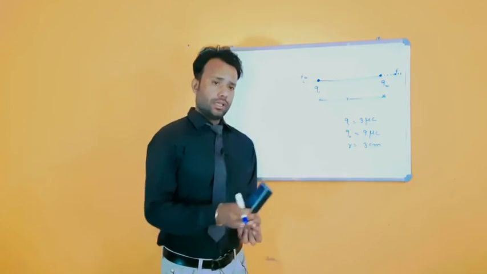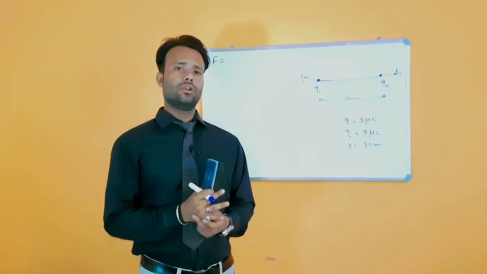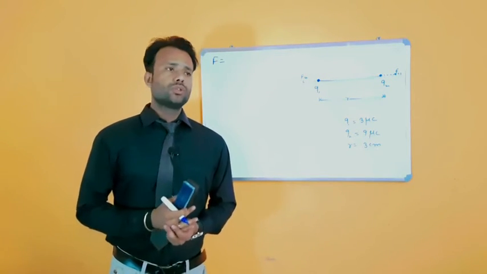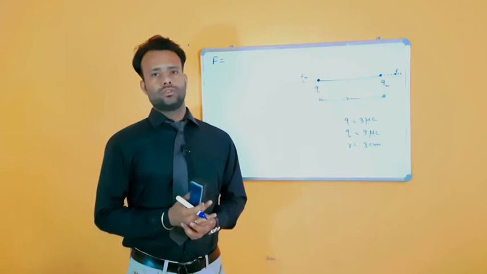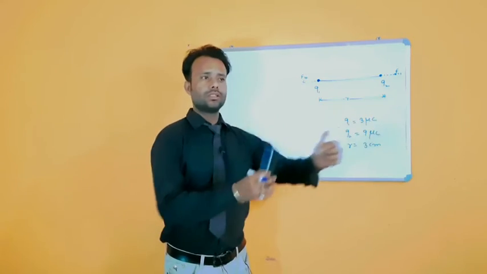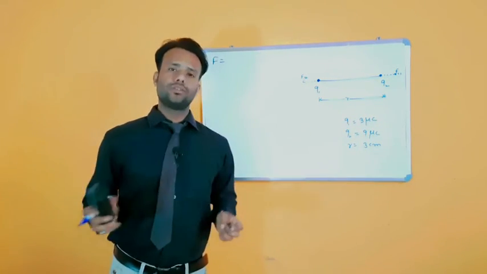Now, as we have seen in Coulomb's vector law, both the forces are equal in magnitude, so we don't have to calculate both. The value of F12 is exactly equal to F21, just the direction is opposite.